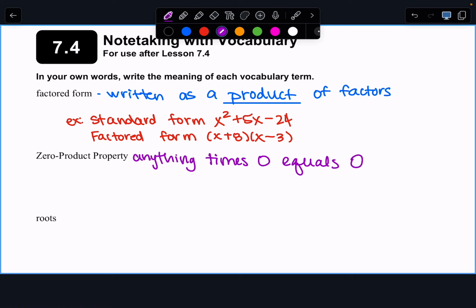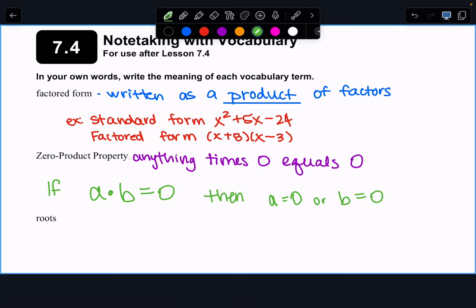Okay. So our zero product property says this. If I have two things multiplied together that equal 0, since anything times 0 is 0, either A is 0 or B is 0.